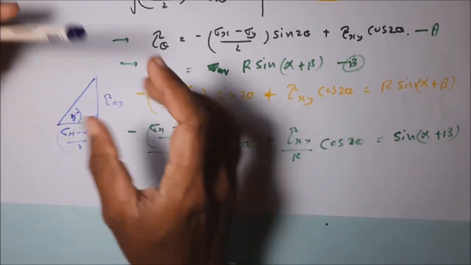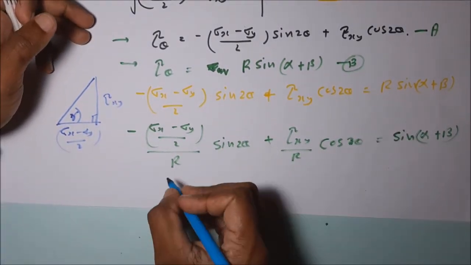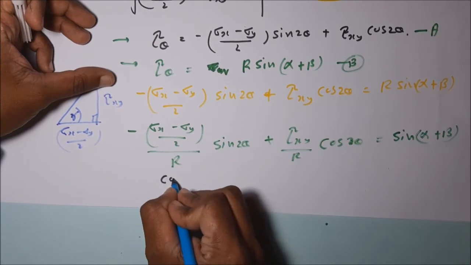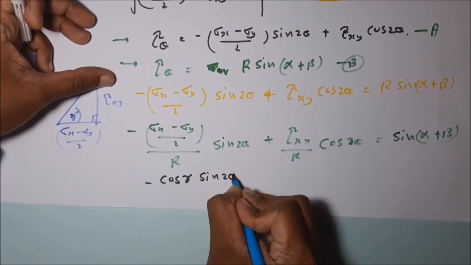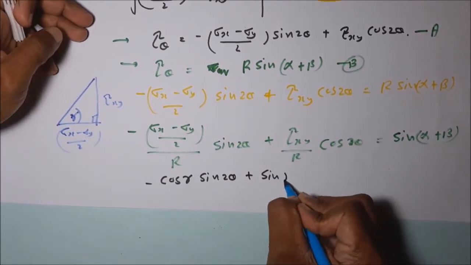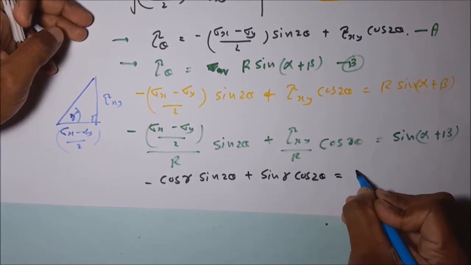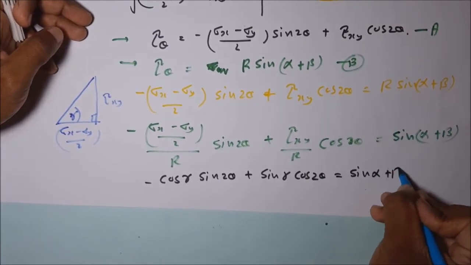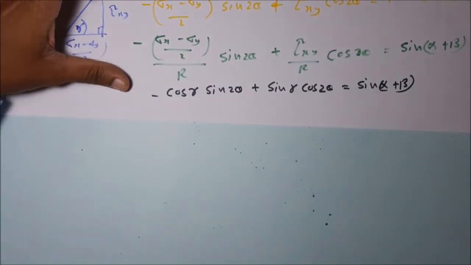Cos gamma is equal to this term, and sin gamma is equal to this term. So then I will write the equation: minus cos gamma sin 2 theta plus sin gamma cos 2 theta is equal to sin (alpha plus beta).